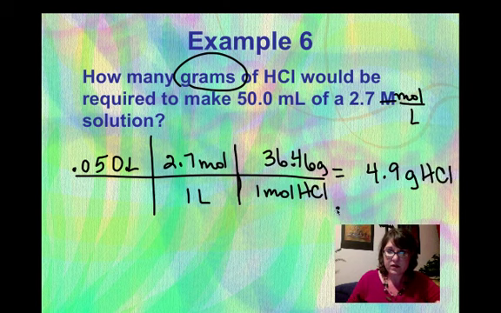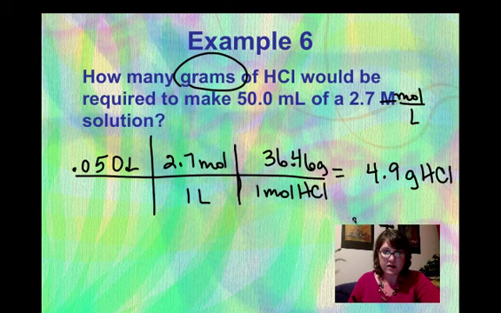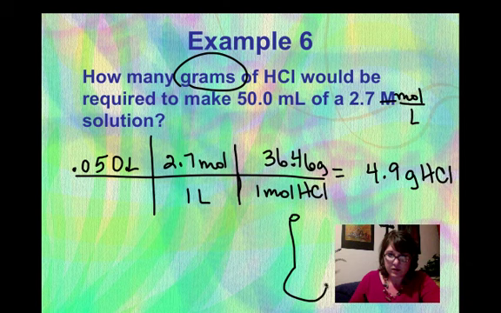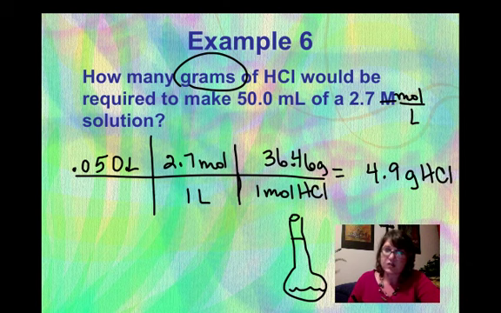Alright, so suppose that you were going to do this whole process. You're going to weigh out your HCl and then mix it with water. This time it would be very important that in the bottom of that volumetric flask you have some water, because anytime you put acid in water it's going to generate a lot of heat. So you need water already in the flask before you put any acid in there to absorb the heat.